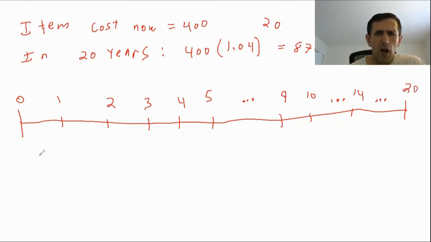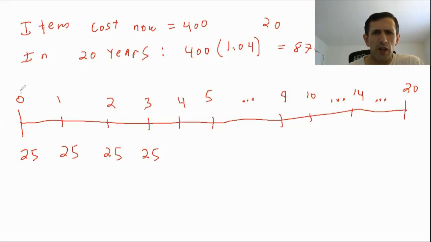Okay, so it's $25 that you're putting into this account at the beginning of each year. 25, and then at the beginning of the 5th year, which occurs at t equals 4.